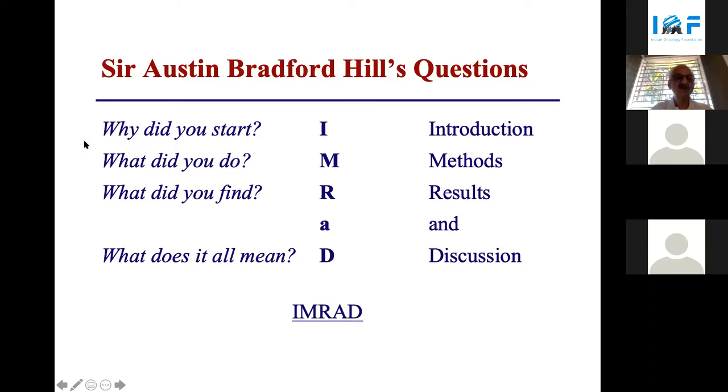And each of these questions corresponds to one part of the paper. So why did you start corresponds to the introduction section. What did you do corresponds to the method section. What did you find, to the results section. And what does it all mean, to the discussion section of the paper?